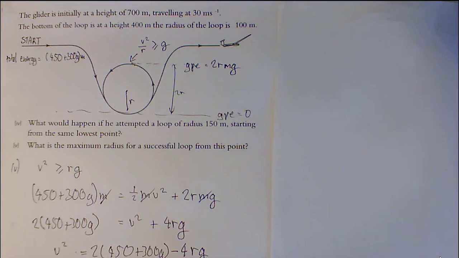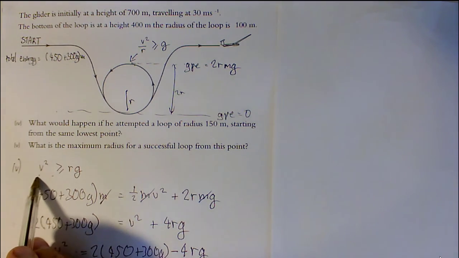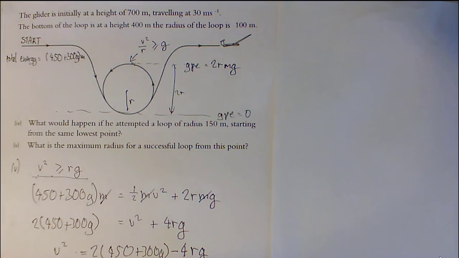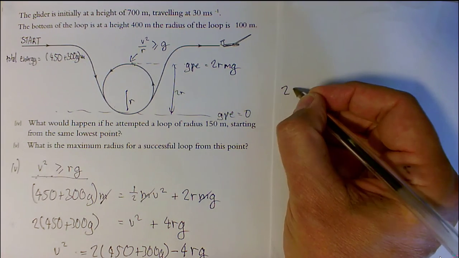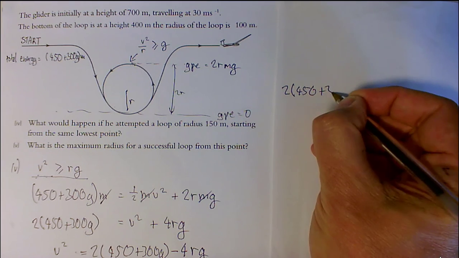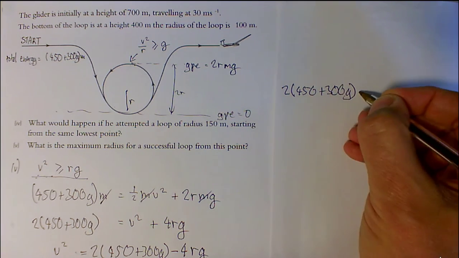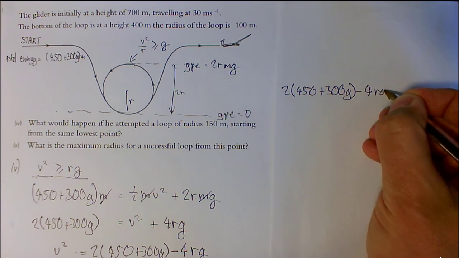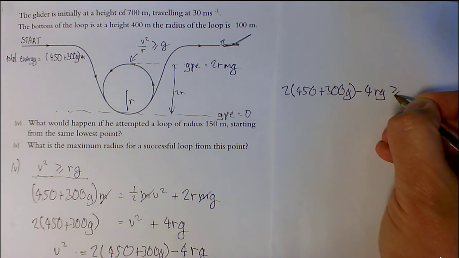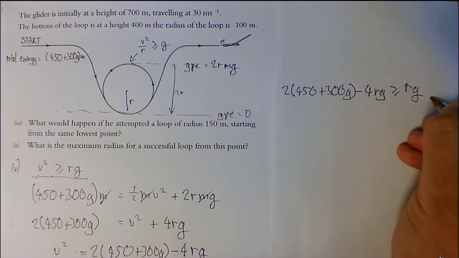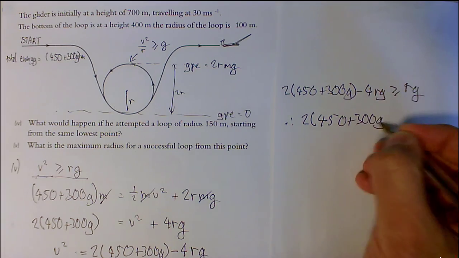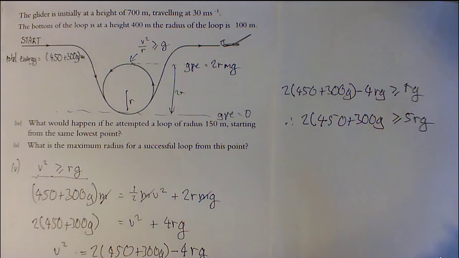Now, my critical condition is this one. I now have to satisfy the condition that 2 times (450 plus 300g) minus 4rg is greater than or equal to rg, which is equivalent to saying that it is greater than or equal to 5rg.